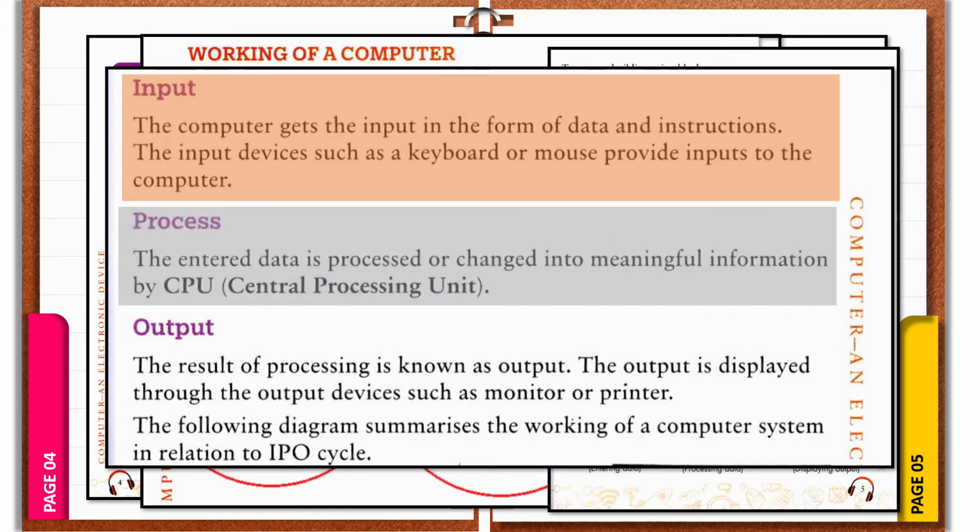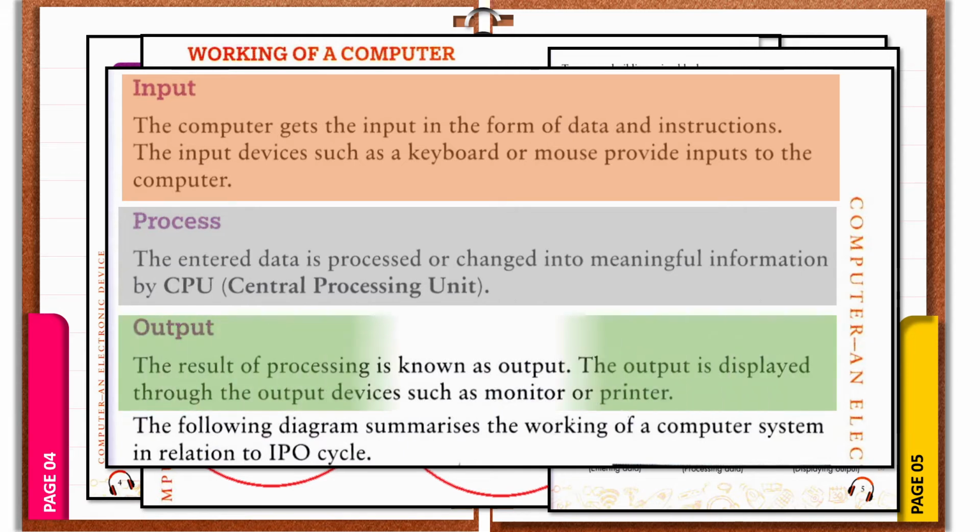The entire data is processed or changed into meaningful information by CPU, Central Processing Unit. Next, output. The result of processing is known as output. The output is displayed through the output devices such as monitor or printer. The following diagram summarizes the working of a computer system in relation to IPO cycle.